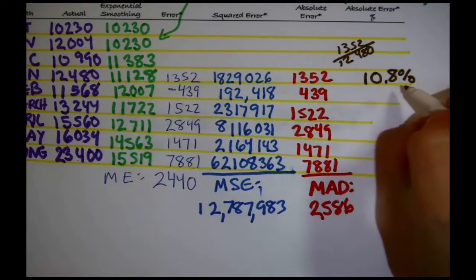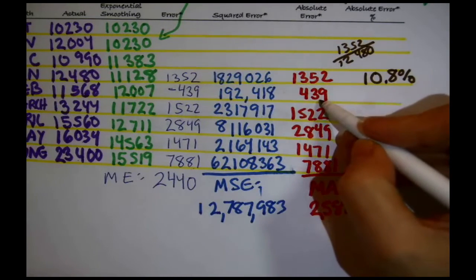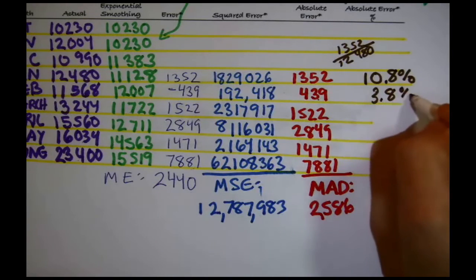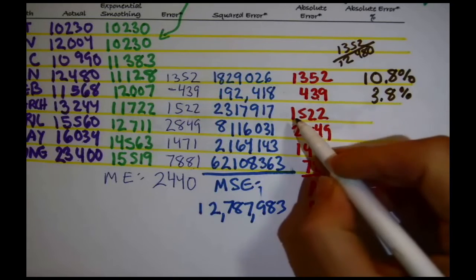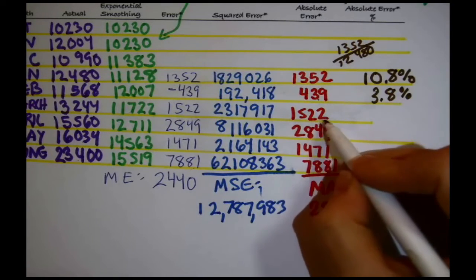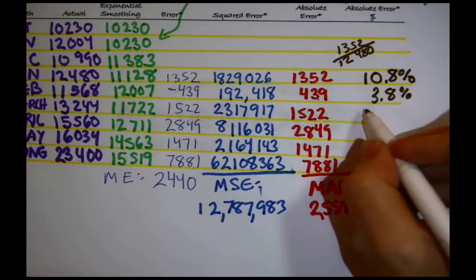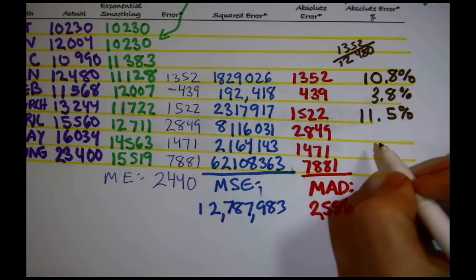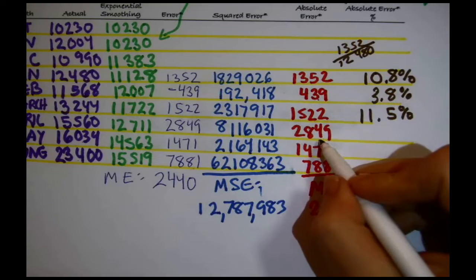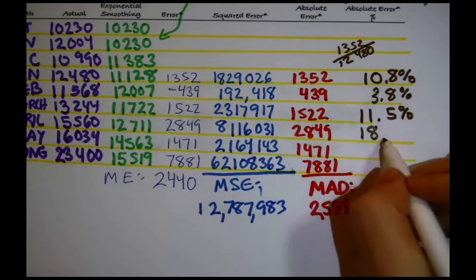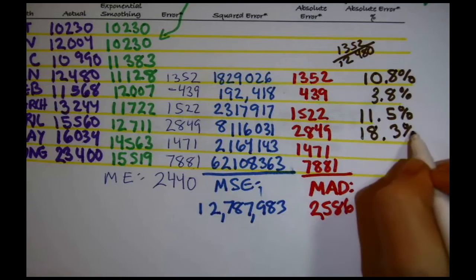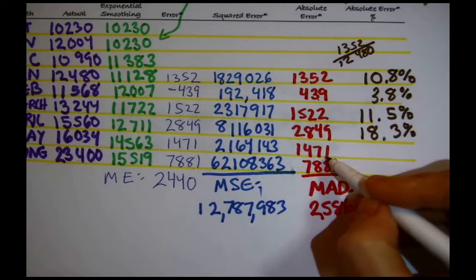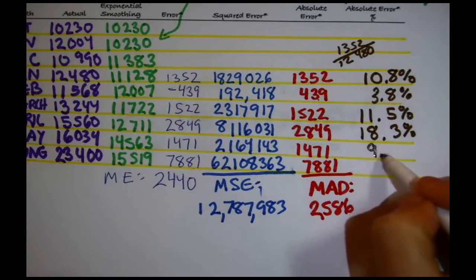In February, that divided by the actual, I get an error of 3.8%, so not much of an error. In March, this number, 1,522, divided by the actual for March, I get 11.5%. For April, that number divided by the actual turns out to be kind of hefty, 18.3%. In May, 1,471 divided by the actual for May backs it down to 9.2% error.